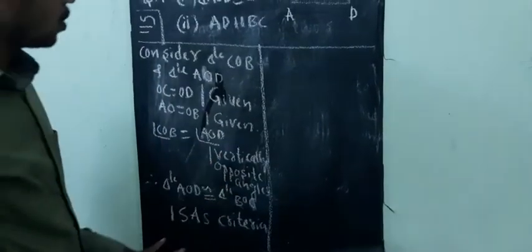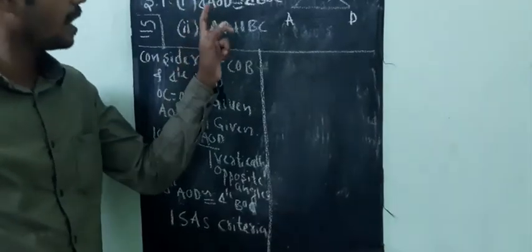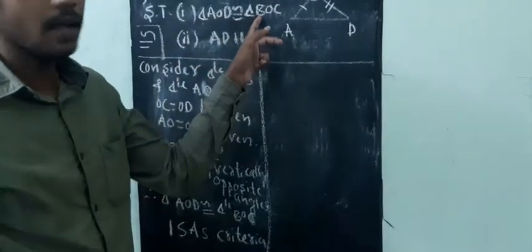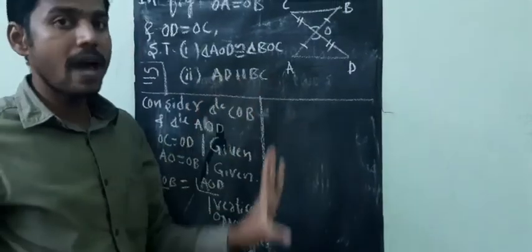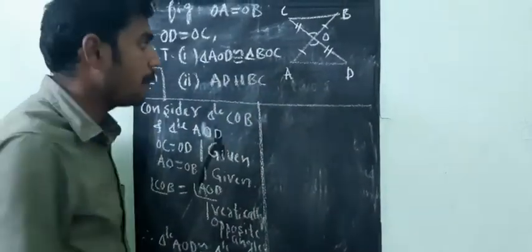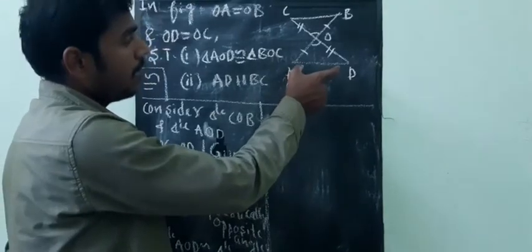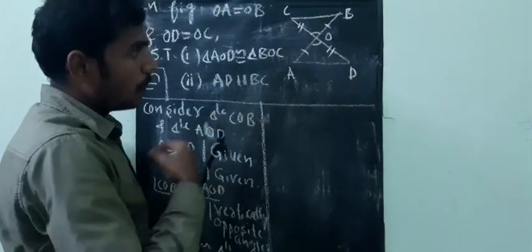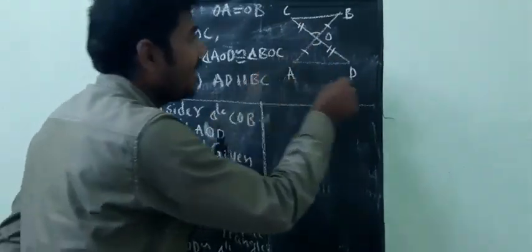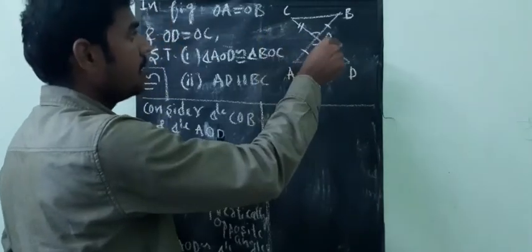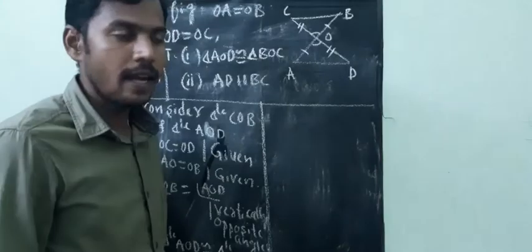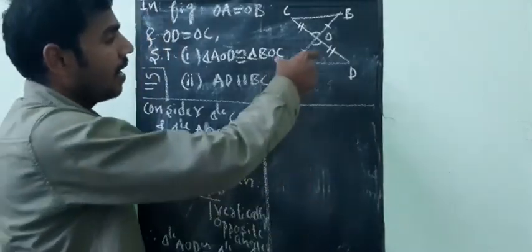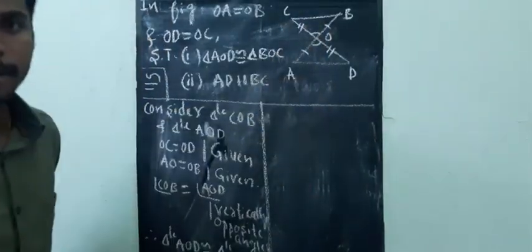We were able to prove the first part, that is triangle AOD is congruent to triangle BOC. We need to prove the next part. What is that? AD is parallel to BC. How can I prove that? I told you. See, if I am able to prove angle ADC is equal to angle DCB, then directly I can say that AD is parallel to BC.